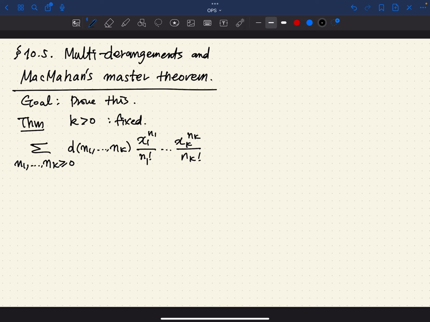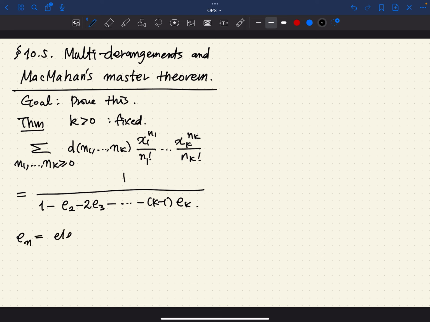But it has a very nice formula like this: 1 over 1 minus 2 e2 minus 2 e3 minus ... minus (k minus 1) ek, where en is the elementary symmetric function on the variables x1, ..., xk.